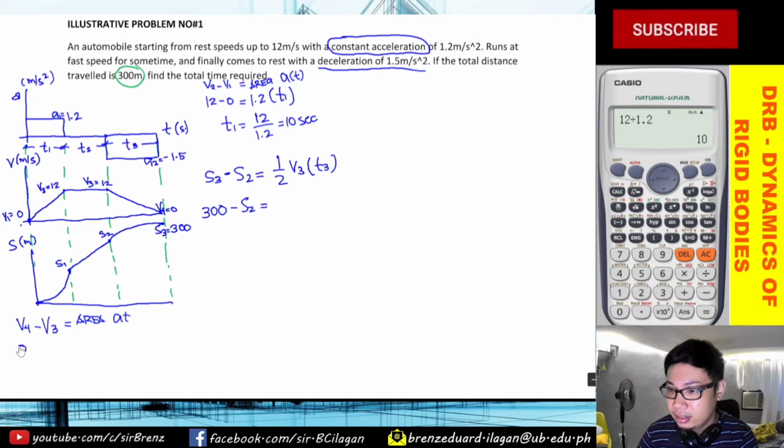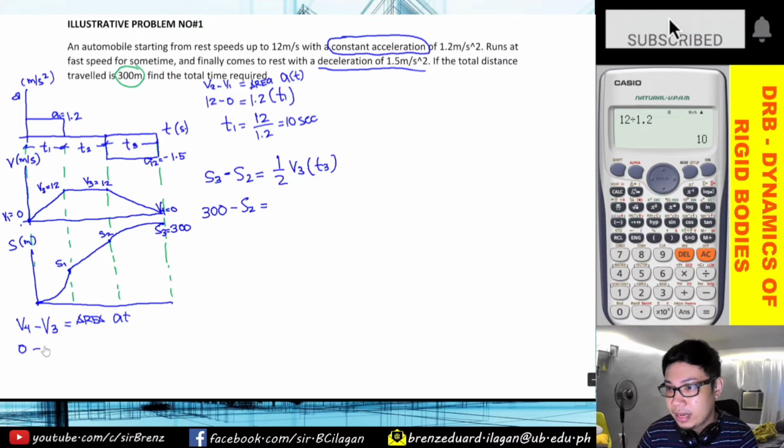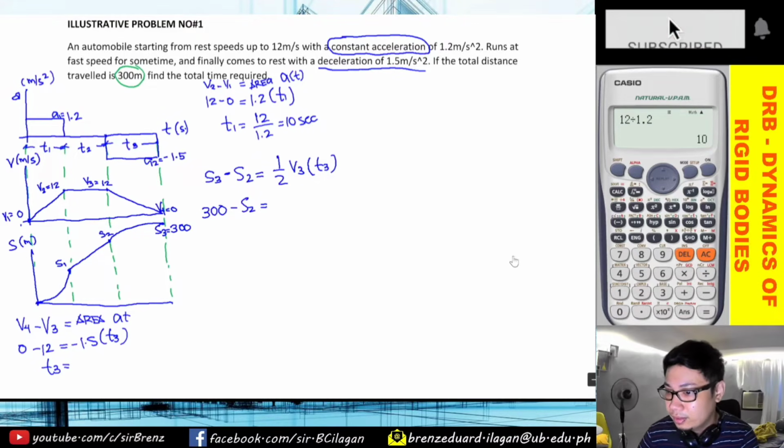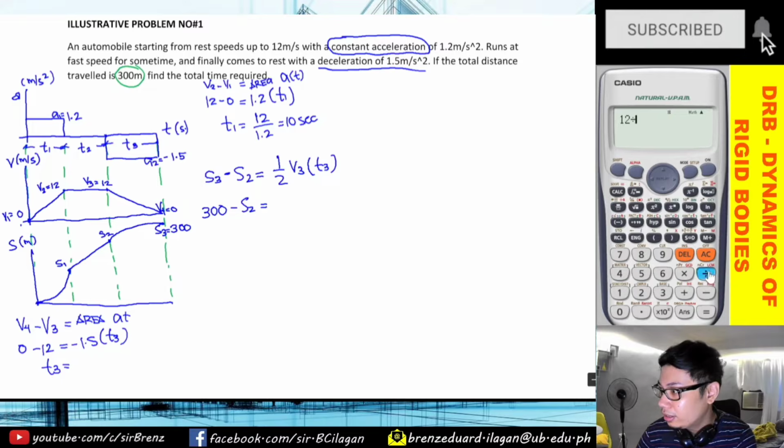So, that is 0, tapos minus 12 is equals sa area nun, which is 1.5 times T3. Ayan. Parang mahirap to gawin sa rectilinear translation. So, that will be 8 seconds.